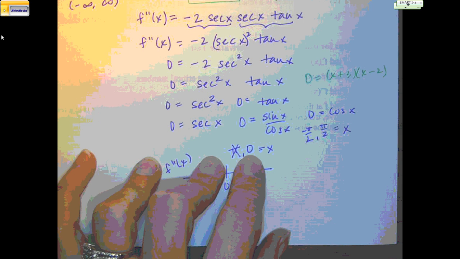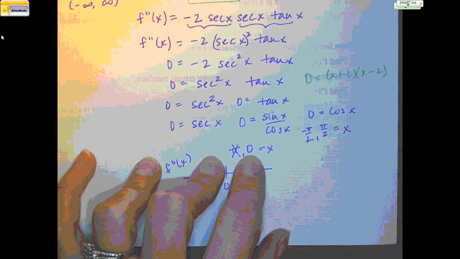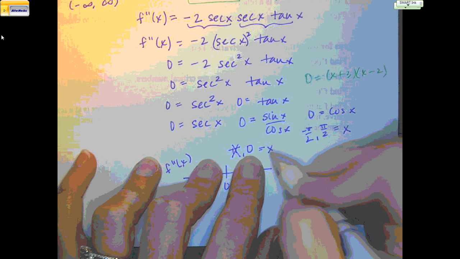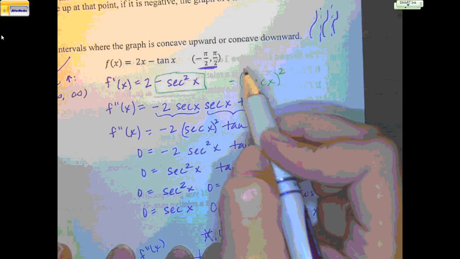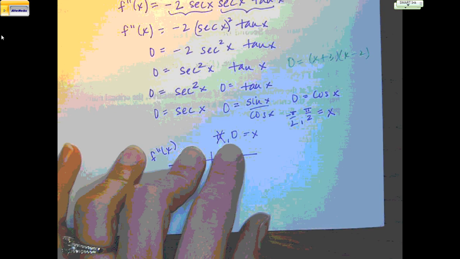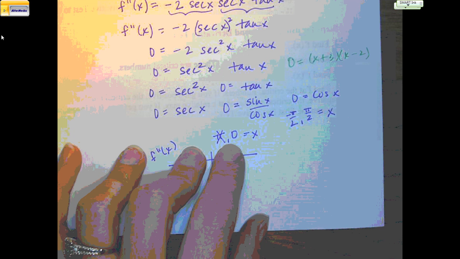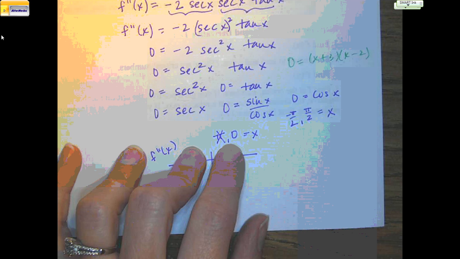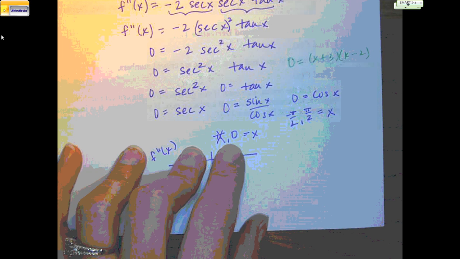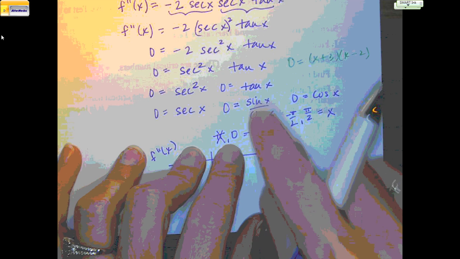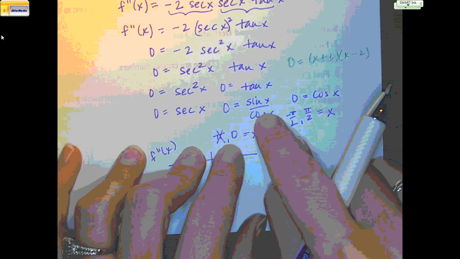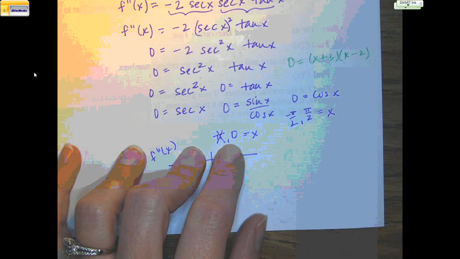Not your total, not your y value, not once you plug pi in. They want x's that are on this interval. Those are x's. It would produce a y value that may or may not be on the interval. They're not concerned with that. They want your x value to be in the interval.